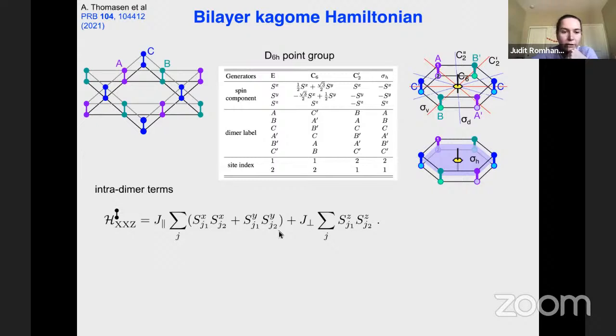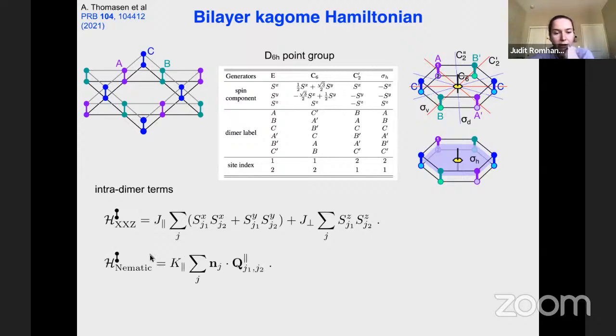First, let me introduce the interactions that are living on these dimers. I will call these dumbbells the dimers, and everything else is just going to be the bond. Among the interdimer interactions, we can have an XXZ type of interaction. So the X and the Y components are the same, but the Z component can be different in this Heisenberg XXZ type of interaction.